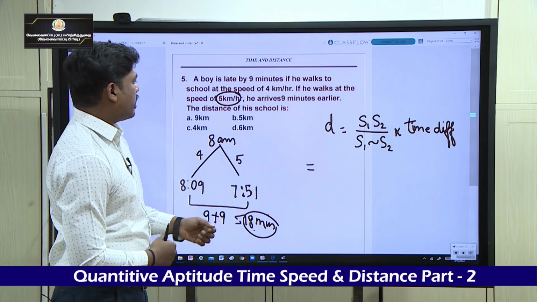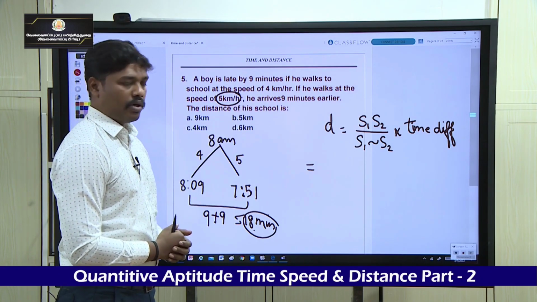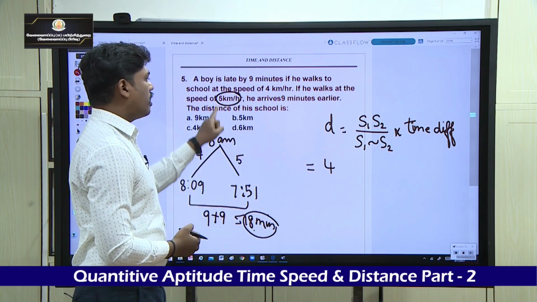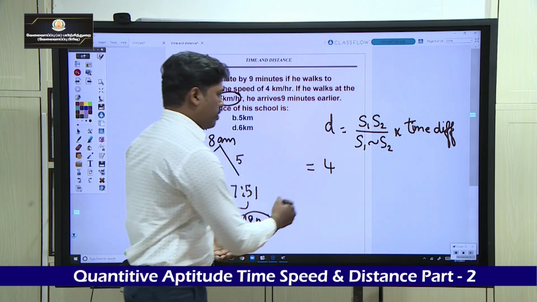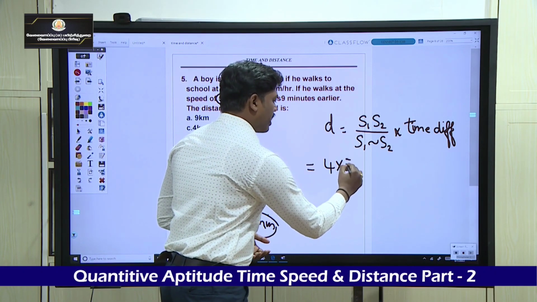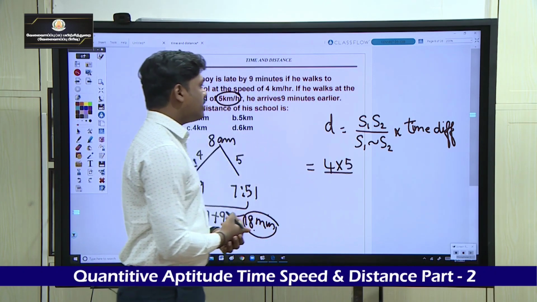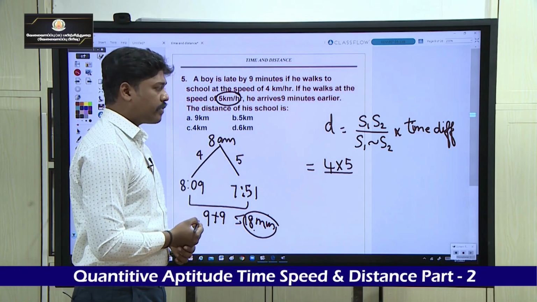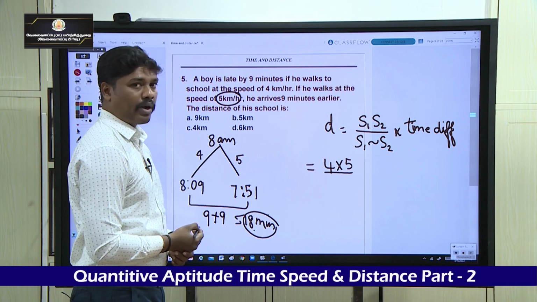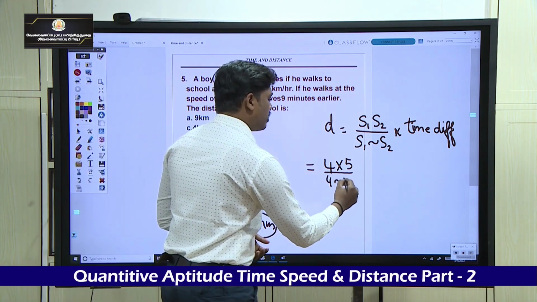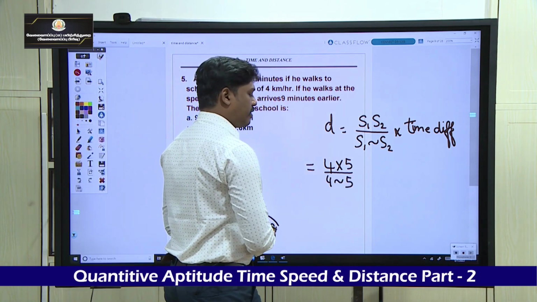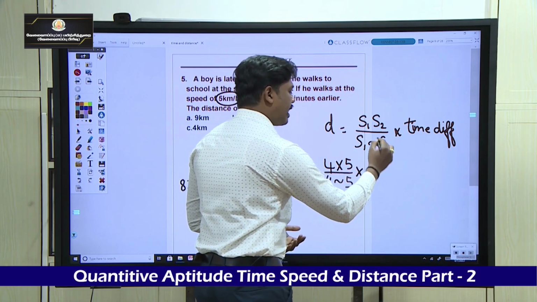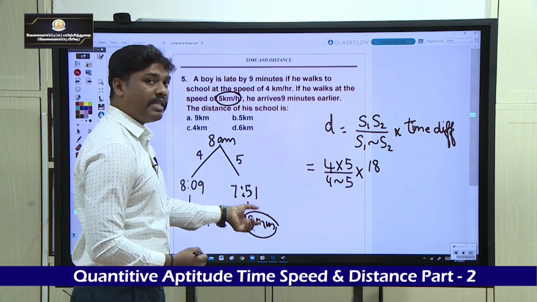So just apply here. What is S1? S1 is 4 km per hour. So write 4 here. What is S2? 5 km per hour. So multiply by 5. Next is S1 difference S2. So 5 minus 4 you will be getting 1. Difference means just minus it, into time difference. Time difference is 18 minutes.